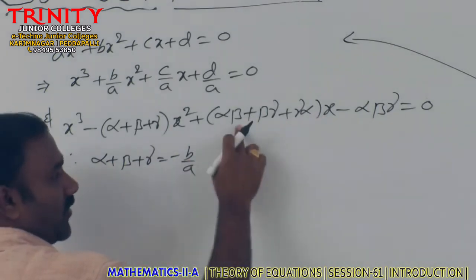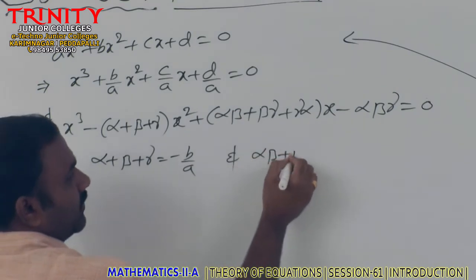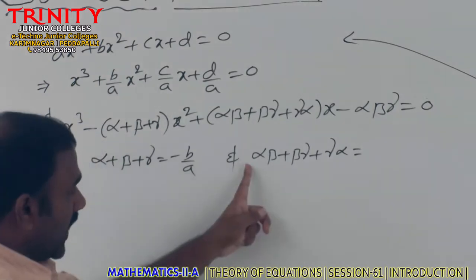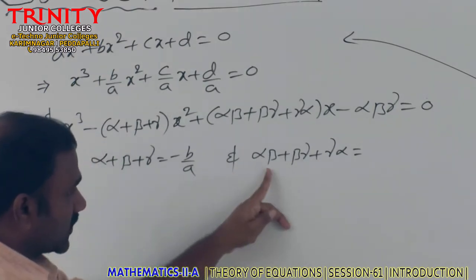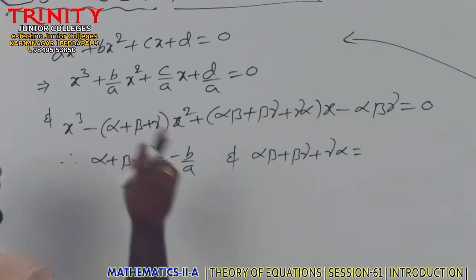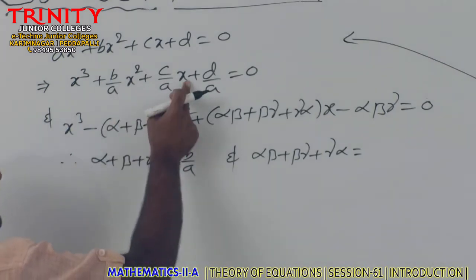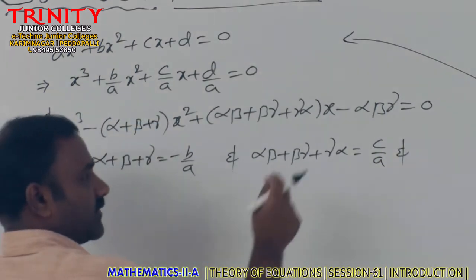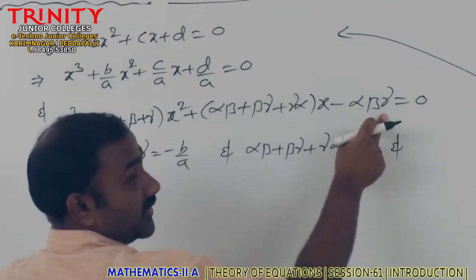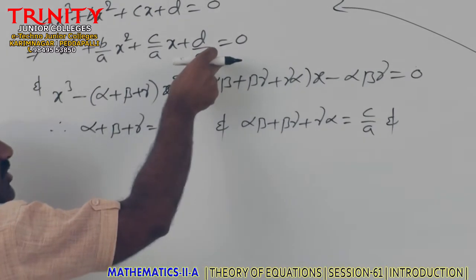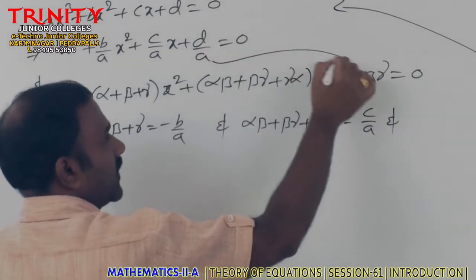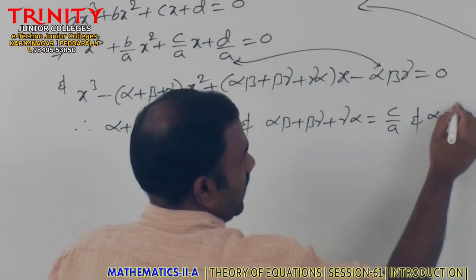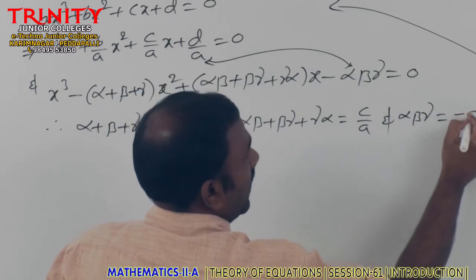And the x coefficient, alpha beta plus beta gamma plus gamma alpha, the sum of products of two roots, is c by a. And the product of three roots comes from the constant: here the constant is d by a, and there it is minus alpha beta gamma, so alpha beta gamma is equal to minus d by a.